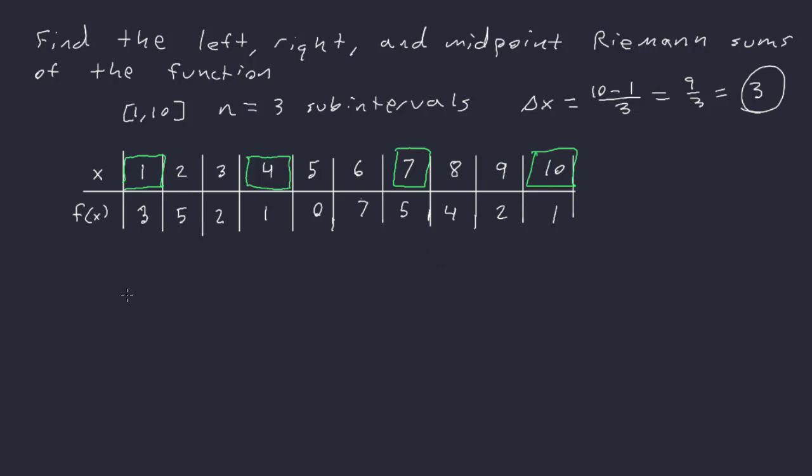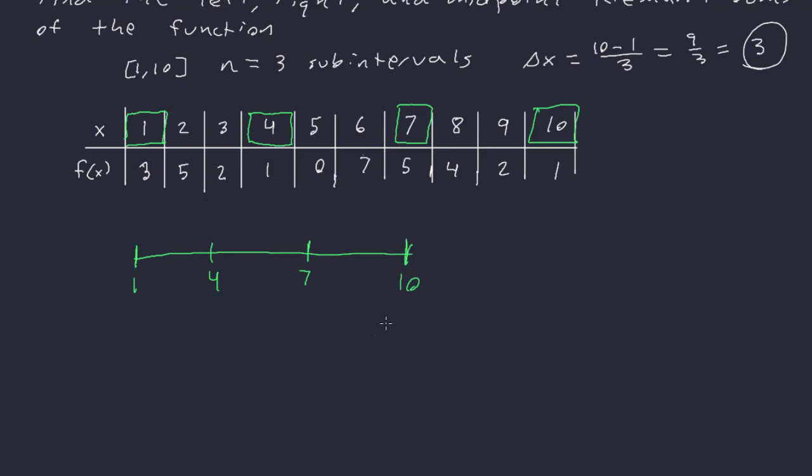So what we've basically done is set up an interval 1, 4, 7, 10, which is a little strange, I know, but this has given us 3 equal subintervals. And so from here, we are going to set up our left, right, and midpoint estimates.